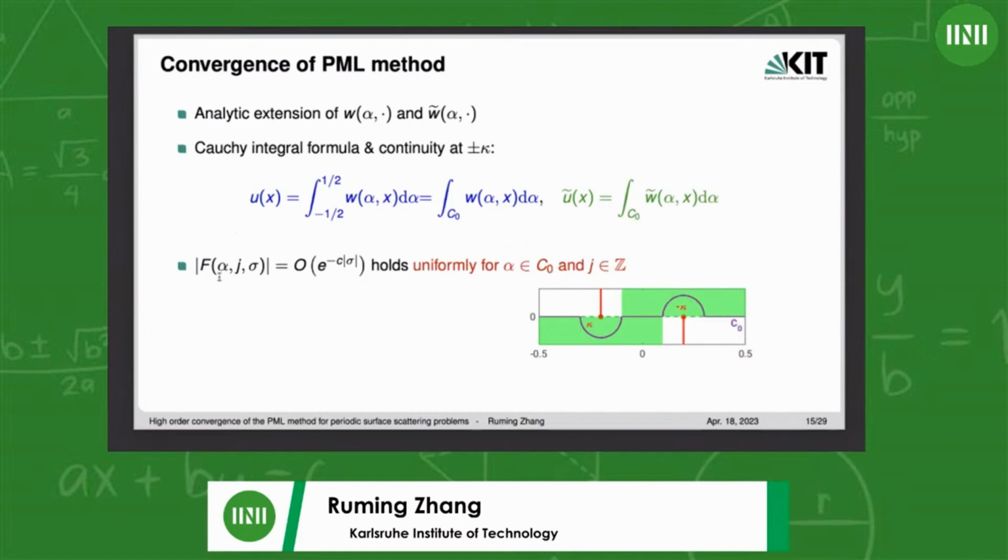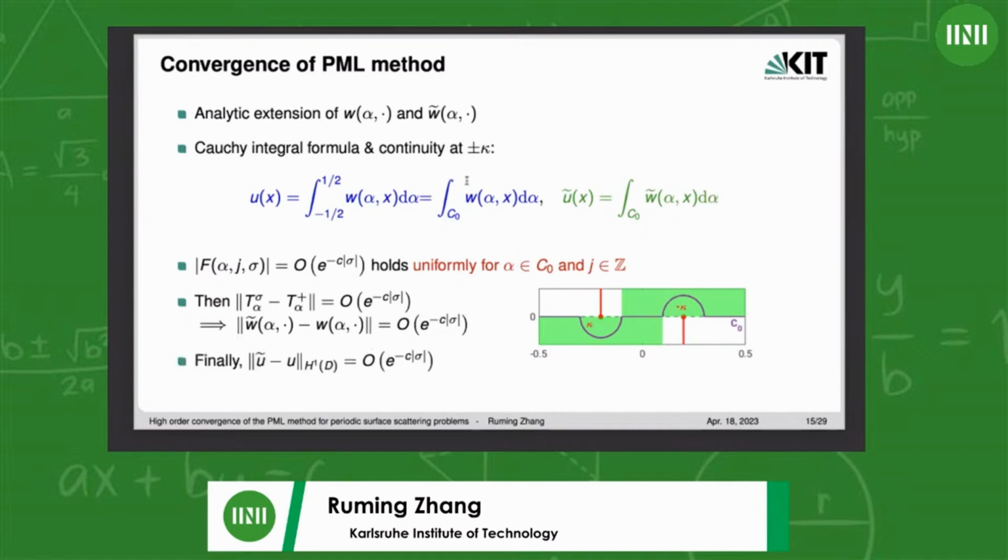So first we consider the convergence of this function, capital F. We prove that the function converges exponentially, and this convergence holds uniformly for all alpha on C0, and also for all the G, the integers. Then from the convergence of the function F, the detour map also converges uniformly, and we can easily get the convergence of W tilde to W, which also holds uniformly for alpha.